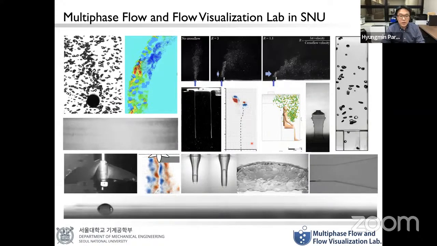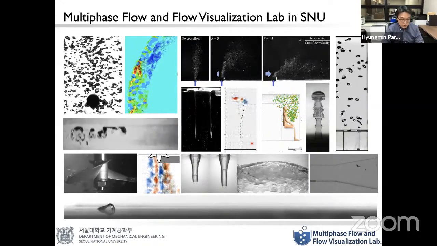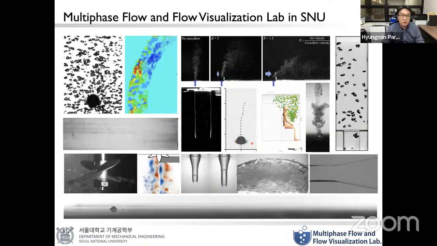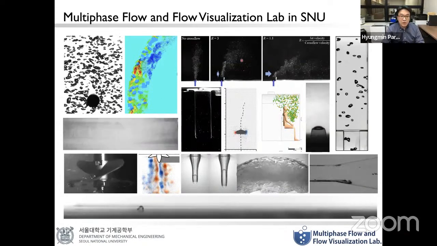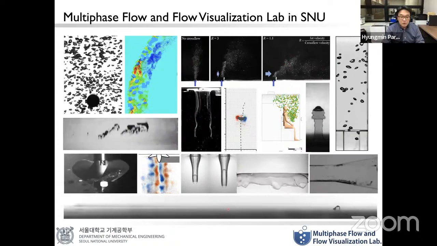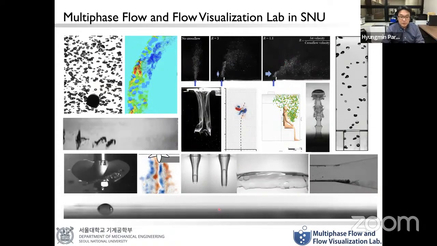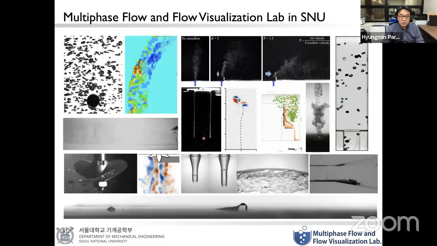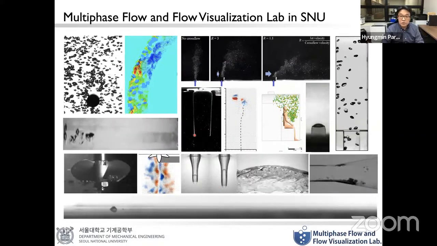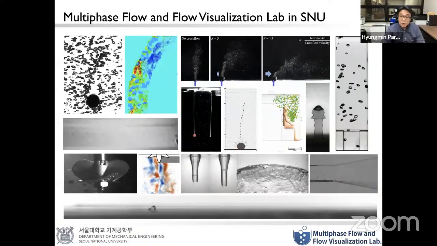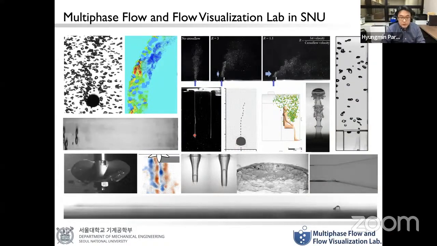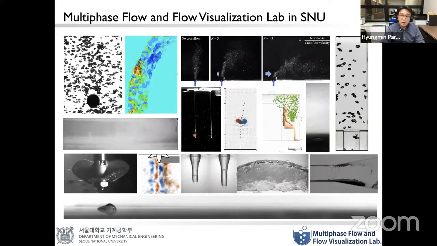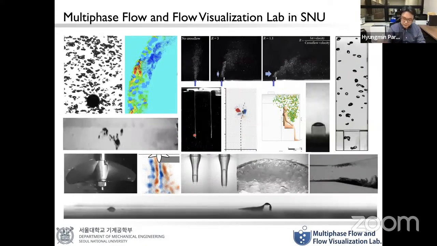As you can see, we are mostly interested in various kinds of multiphase flow, including bubbly flow, particle-laden flow, or even the movement of sessile droplets, as you can see at the bottom. We are also interested in fluid-structure interaction problems. Mostly we do experiments, but if necessary, we get help from numerical simulation.